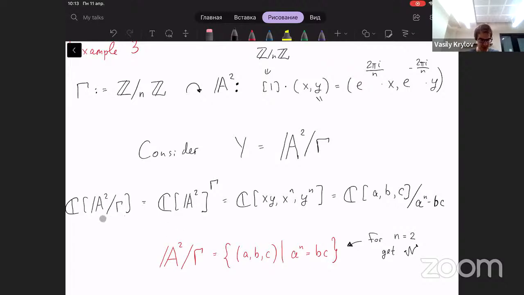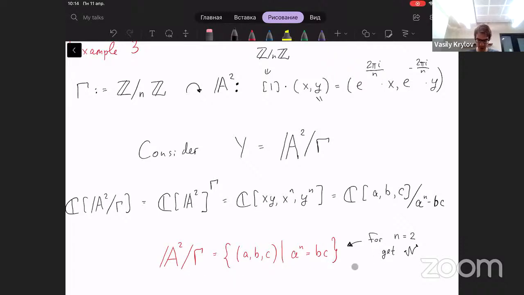Explicitly, if you consider functions on this quotient, then by definition they are invariant functions on A2 with respect to this group. And so these are just functions C of x^n, y^n, xy, which can be described as C of A, B, C with one relation, A to the power n minus BC.